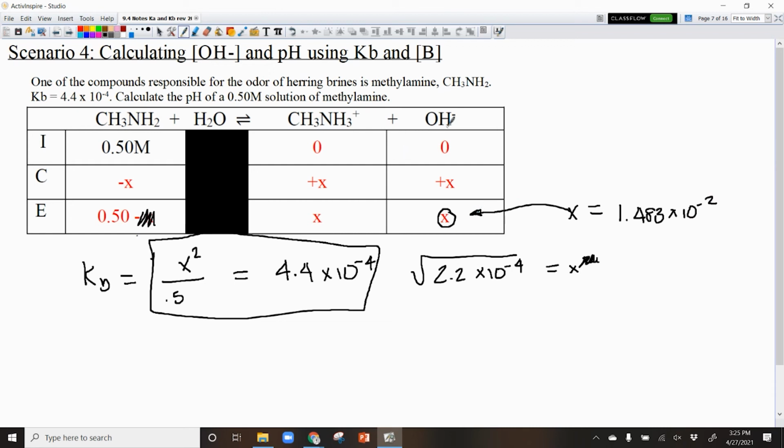All right, so that's the concentration of your x there. That's the concentration of your hydroxide. All right, so let's remember back. If we have the concentration of our hydroxide and we take the negative log of that, okay, that's going to give us our pOH, right? pOH. All right, so let's take the negative log of that.